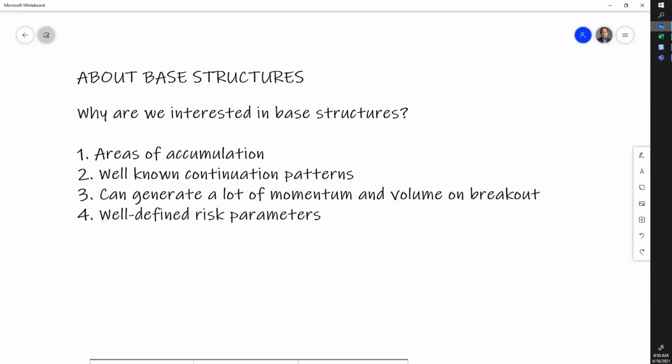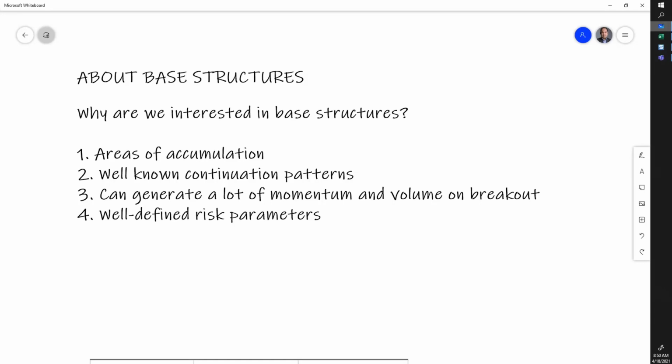And the reason being here is because well-known yung ganitong klaseng continuation pattern na yan. And we want to be part of that crowd who's able to identify itong mga accumulation areas na to and to be able to benefit from momentum once nagkaroon na ng breakout dun sa mga structures na ito.